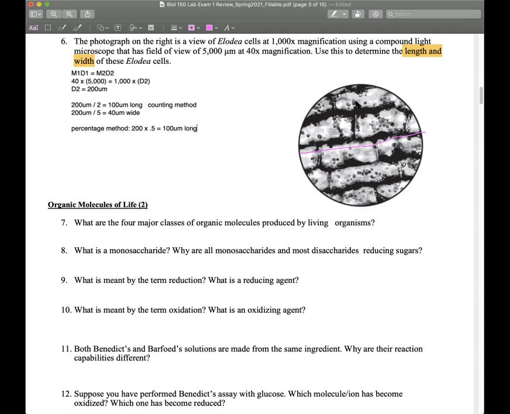And if you're saying this width is about 20% of the total view, that would be 200 times 0.2, and that would also give us 40 micrometers wide. So, two different ways to come up with about the same answer.